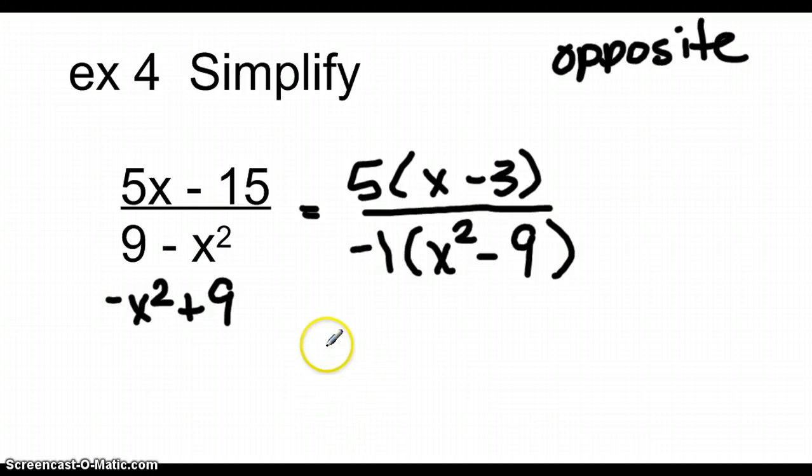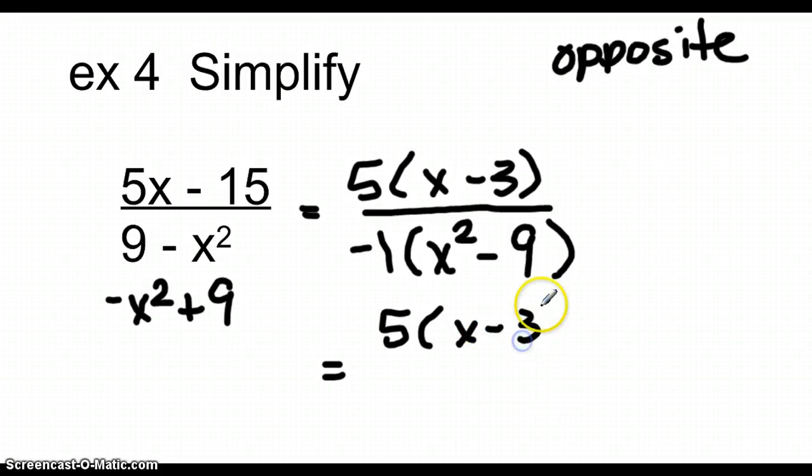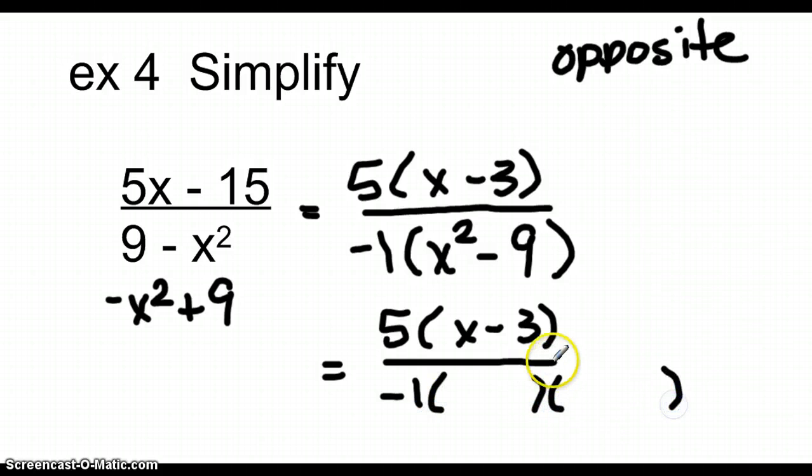Now once it's in that form, I can actually factor this part. So I'm going to rewrite the top again, just the way it is. Leave the negative 1 out here. But I know on the bottom, this x squared minus 9 can be factored into x plus 3 and x minus 3.